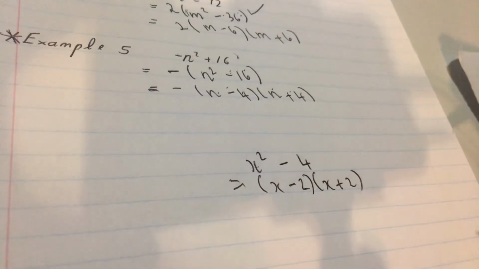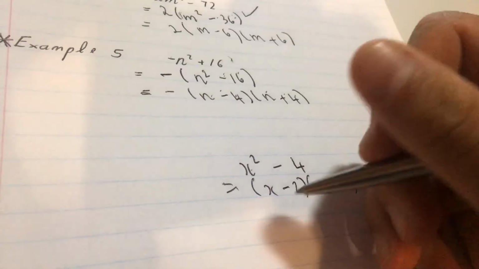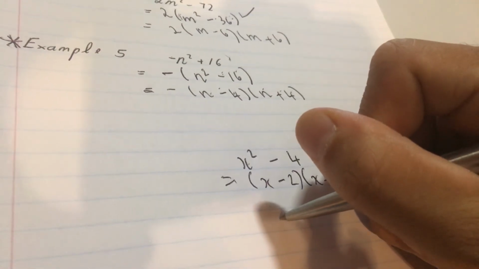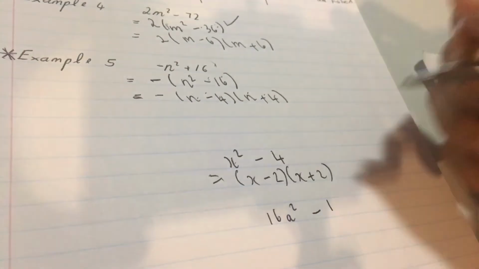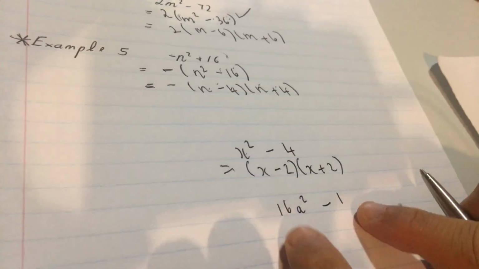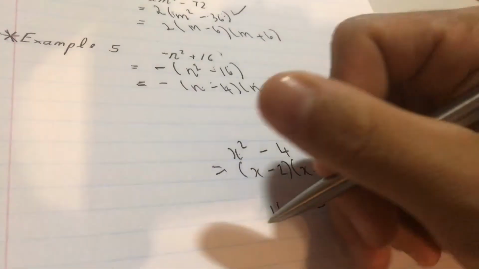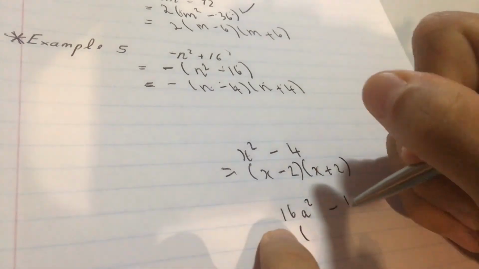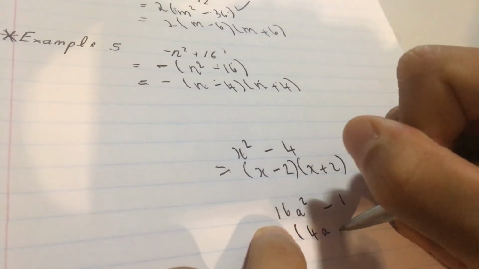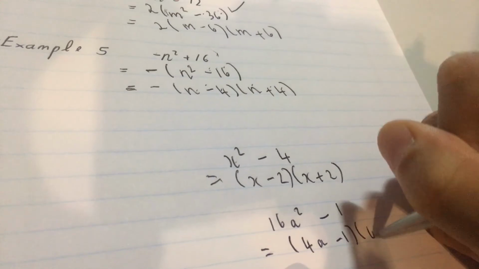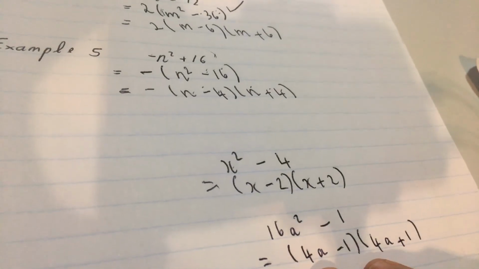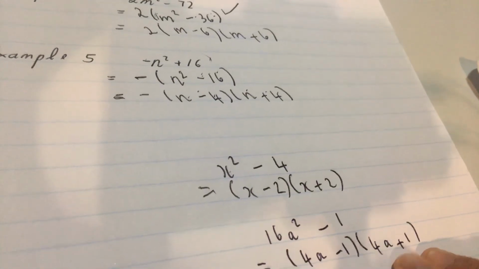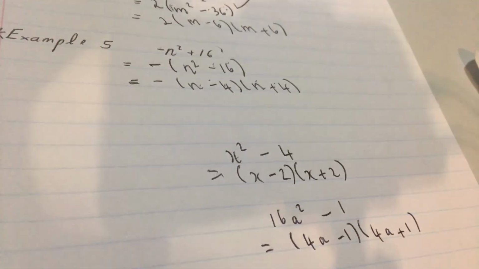Those are the simple ones. Let me do another simple one: 16a squared minus 1. It's a difference of two squares, so I'll have brackets 4a minus 1, 4a plus 1. Whatever the bracket is, it's the same, but just the signs change. It's difference of two squares.